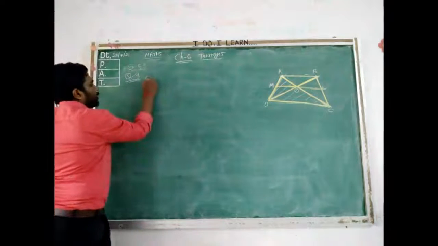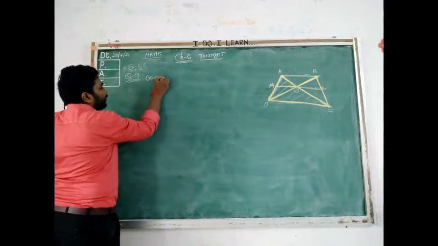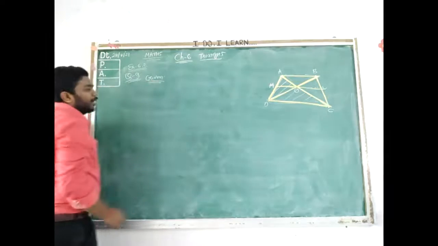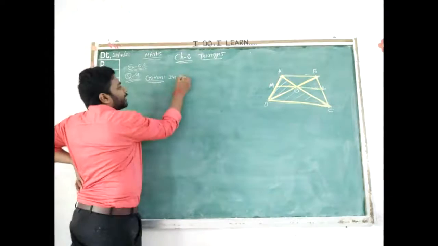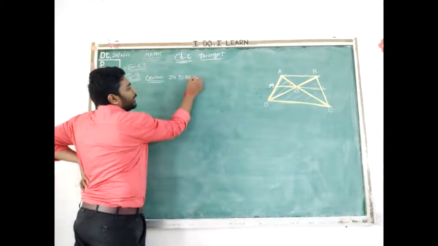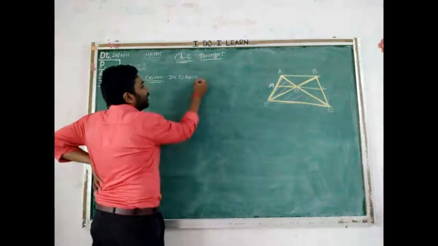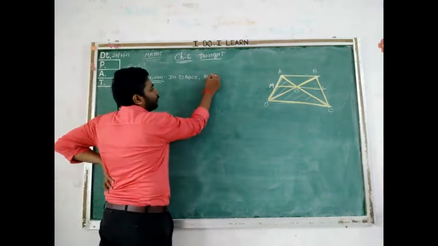Whatever is given to us, first of all let us write given. In quadrilateral ABCD, AB is parallel to CD.